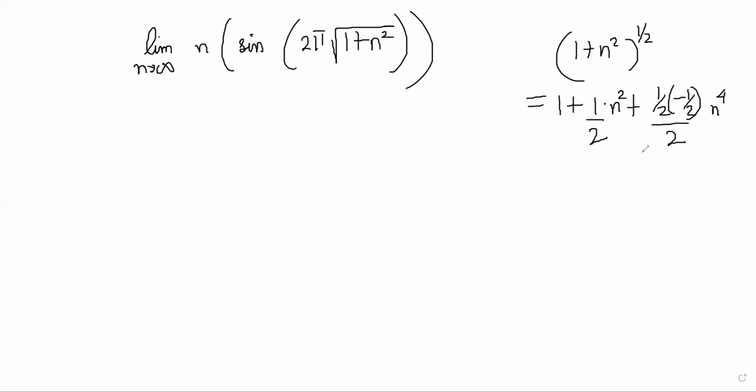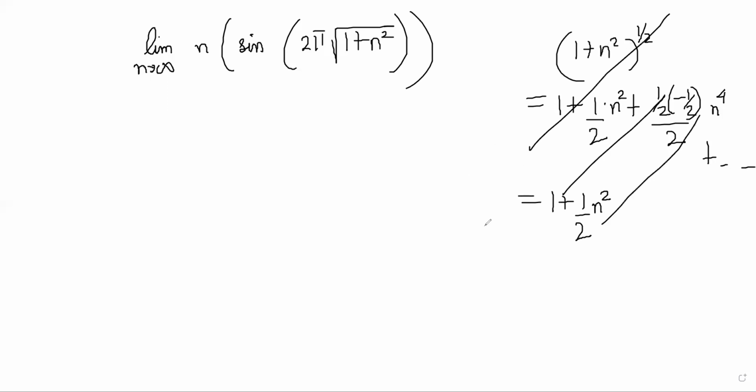Actually, the problem is that n is very large, so we cannot do it like this. We have to take n square outside. So it becomes 2 pi n, 1 plus 1 by n square, right? And now you can do binomial theorem here because x is small now.